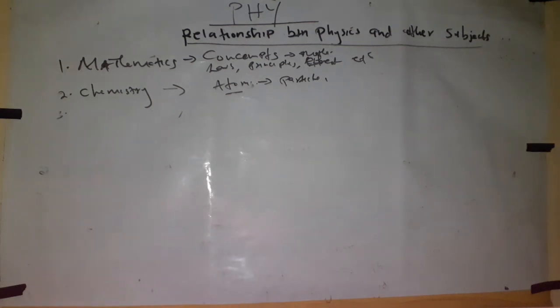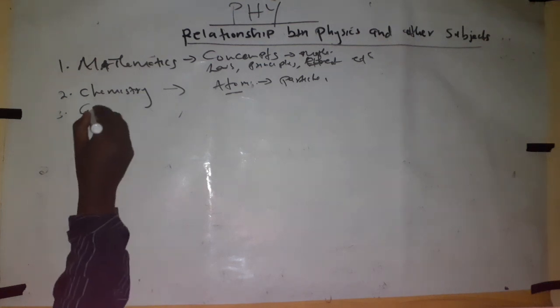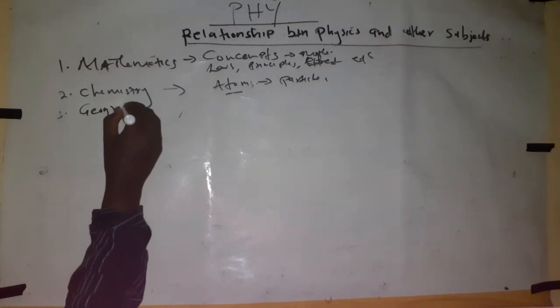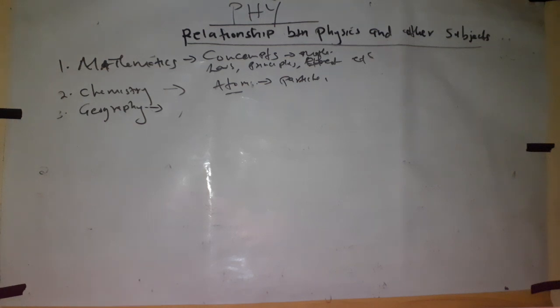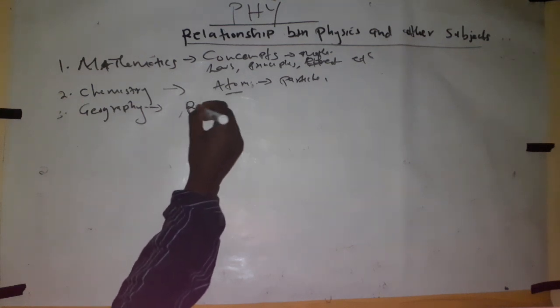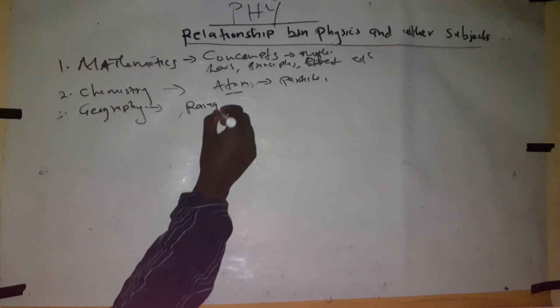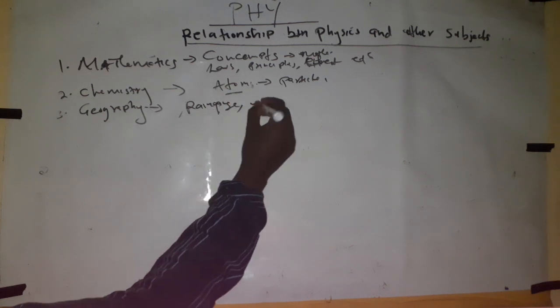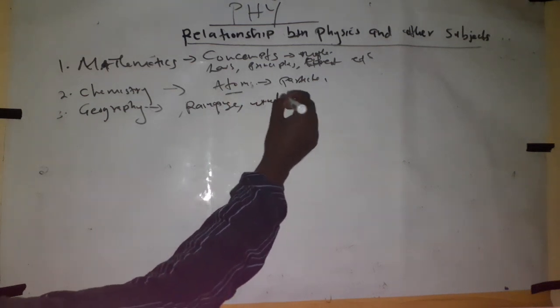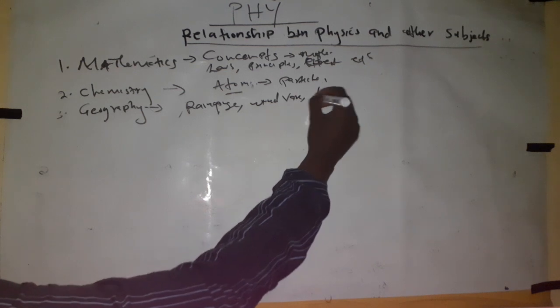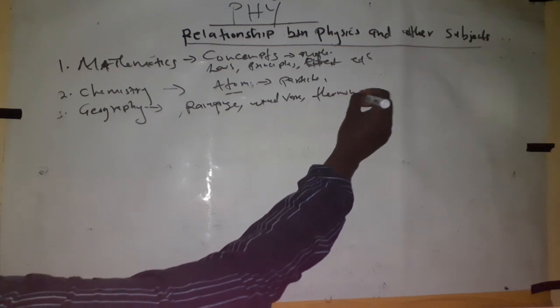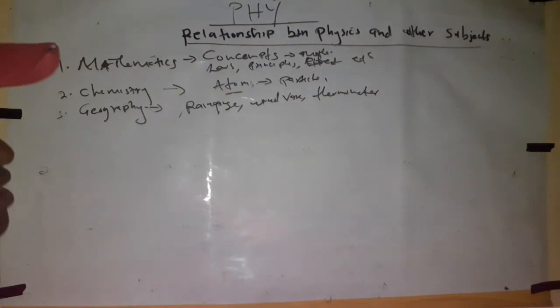Then our subject number 3 is geography. How is physics related to geography? Remember, in geography, you normally use weather instruments. For example, we have the rain gauge, the wind vane, the thermometer, among many other instruments.